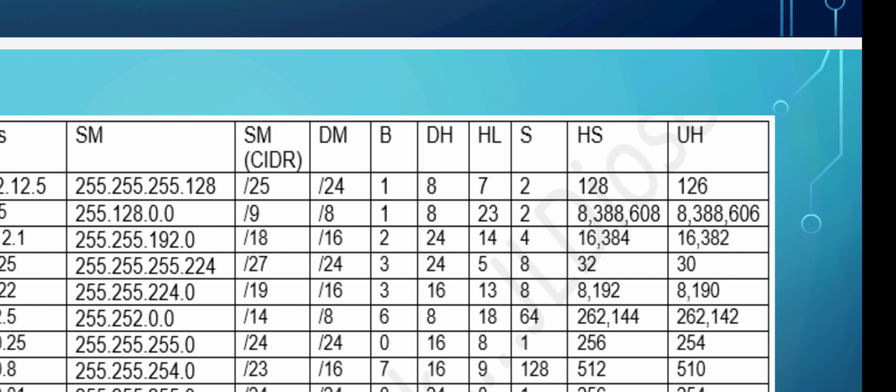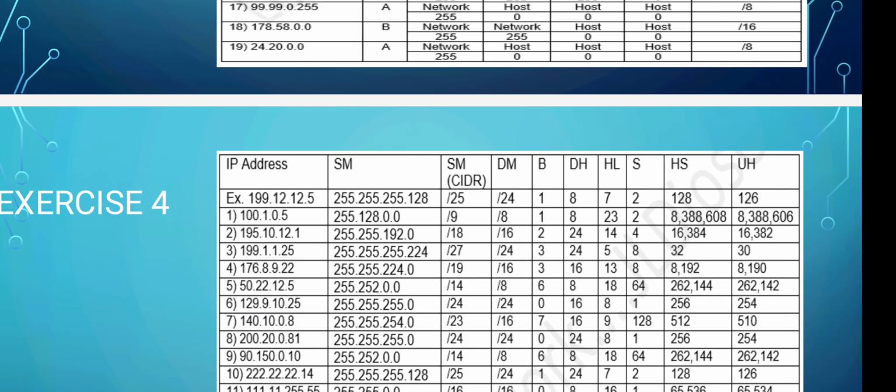And for getting the hosts per subnet, we need to substitute 2 exponent HL. 2 exponent 23 is equivalent to 8,388,608 hosts per subnet.